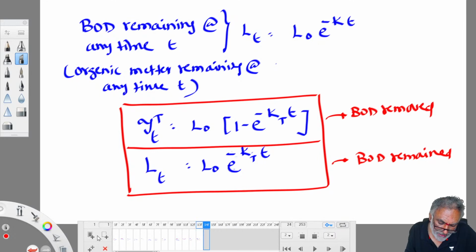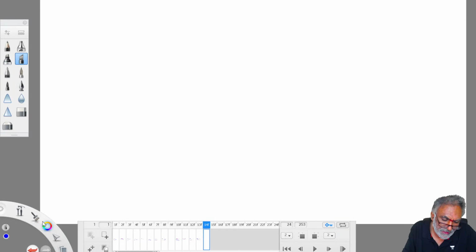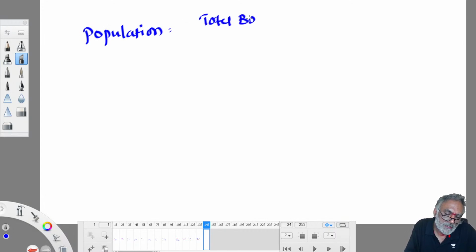In addition to that, one more concept in the BOD topic is population equivalent. Population equivalent is equal to total BOD by per capita BOD.